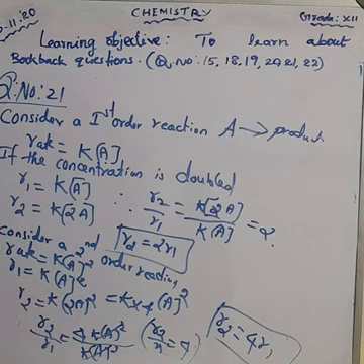It can be shown that for a third order reaction, if the concentration of the reactant is doubled, the rate is increased by 8 times. How many times? 8 times.